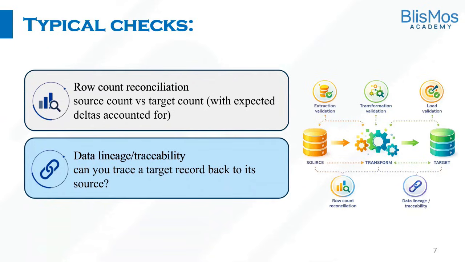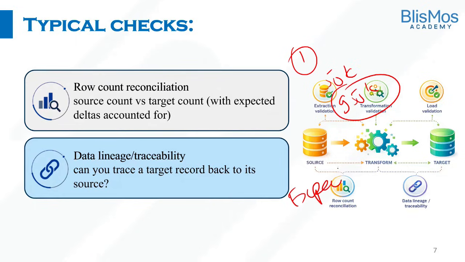For example, if the source has 1 million rows, but a legitimate business rule filters out almost 50K inactive customers, then we should have 950K rows as the valid rows in the target. The important point is not that source and target counts must always be identical. They must match as per the expected logic.